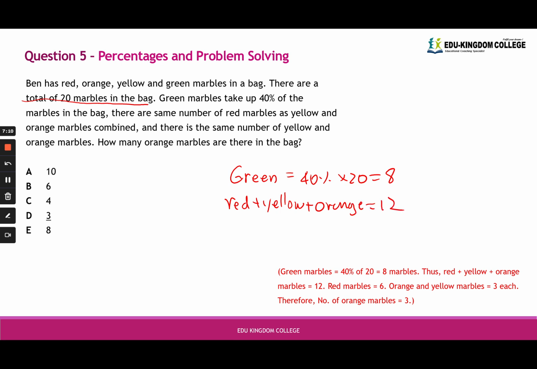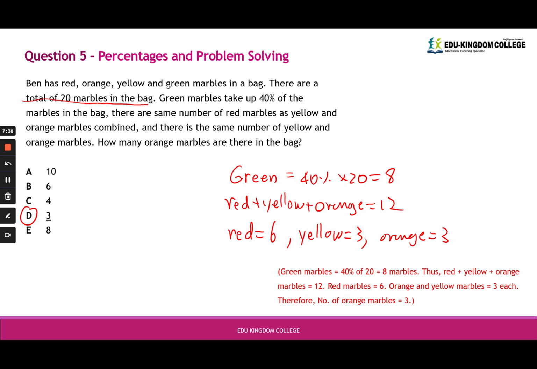And since we know that yellow and orange marbles must have the same number of marbles, and red is equal to yellow and orange marbles, that means we know that red has to have 6 marbles, right? And yellow is 3, and orange is also equal to 3 marbles, okay? And so that means the answer to how many orange marbles are there in the bag is just going to be 3, okay?